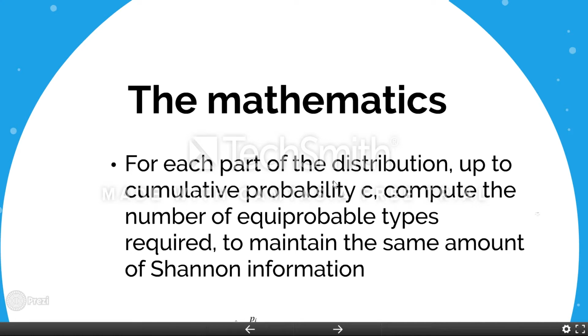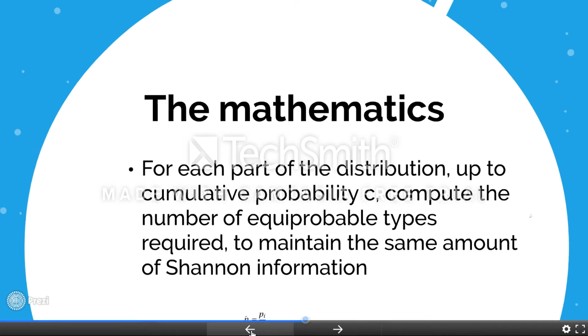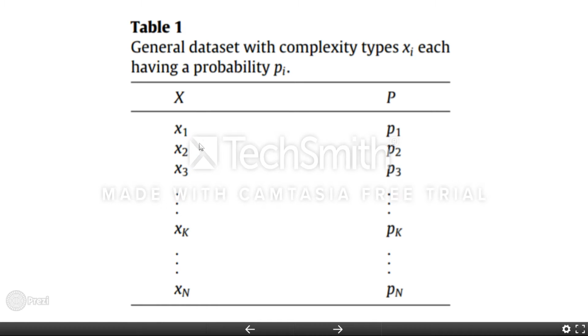So for each part of this distribution, we can again ask the same question, namely, if you choose the first 3, P1 plus P2 plus P3, that's the cumulative probability for the first 3 types. Then ask, what is the diversity contribution of the first 3 types? Then we would convert these first 3 types alone, imagine the other types don't exist, into an equivalent equiprobable distribution. Of course, we have to normalize the probabilities so that they add up to 1.